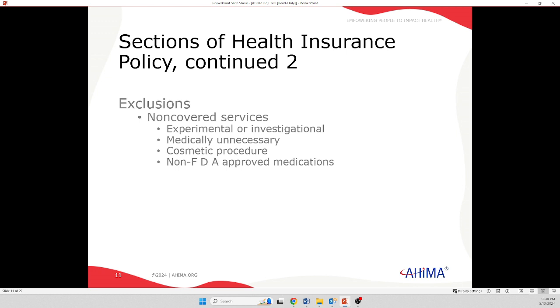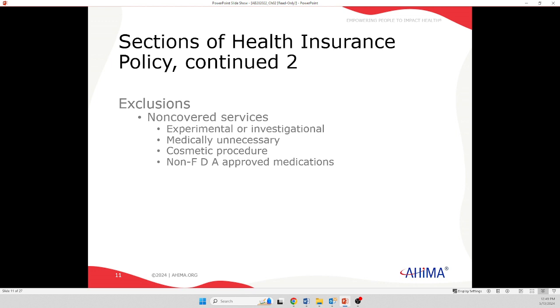So exclusions. An exclusion is a situation when a treatment is not covered. So you need to know these. These are things that aren't covered. Experimental or investigational devices, not covered. If it's medically unnecessary, it's not covered.